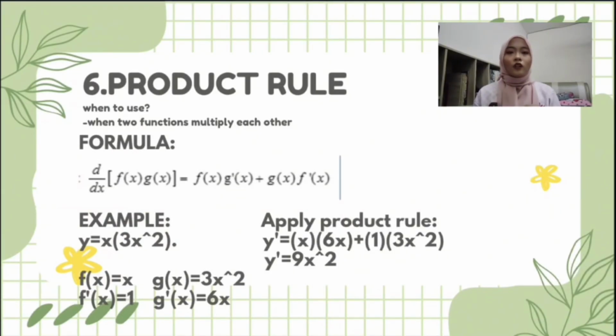When we differentiate both of those functions, we will get 1 for function f(x) and 6x for function g(x). Then we just add it onto the formula. Then when we solve it, we will get the final answer 9x power 2.